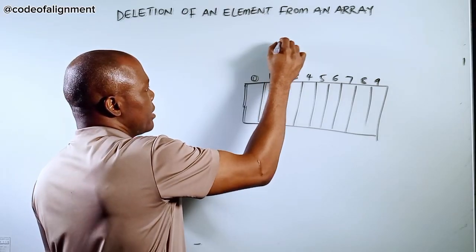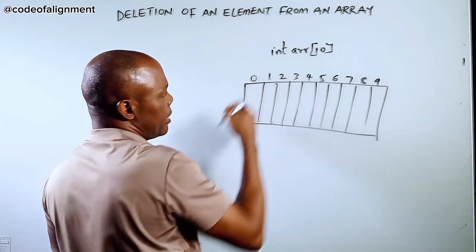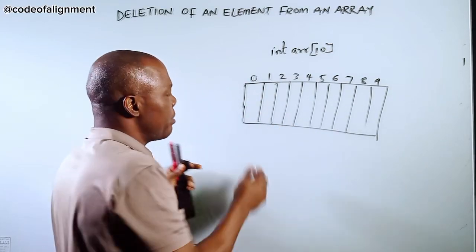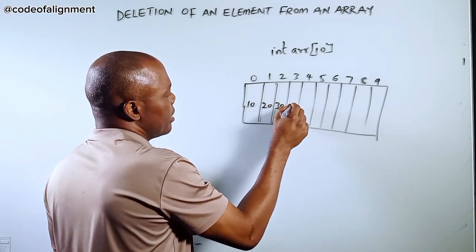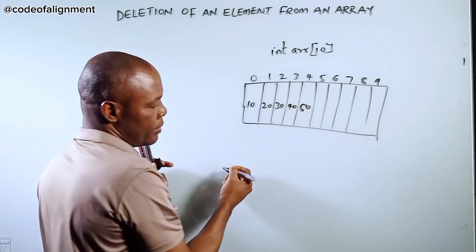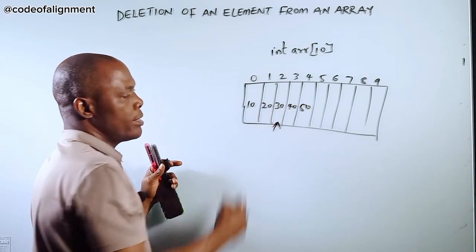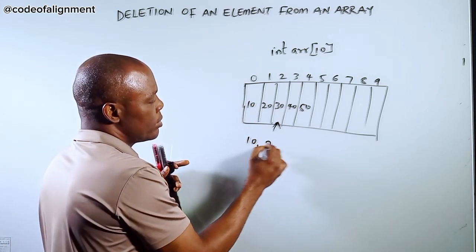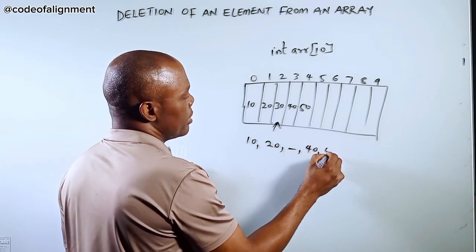So my array is this, int array 10, right? And I'm only going to assign 5 elements. So 10, 20, 30, 40, 50. Now, I want to delete this 30. Now, when I delete 30, I will have 10, 20, then dash, 40, 50.